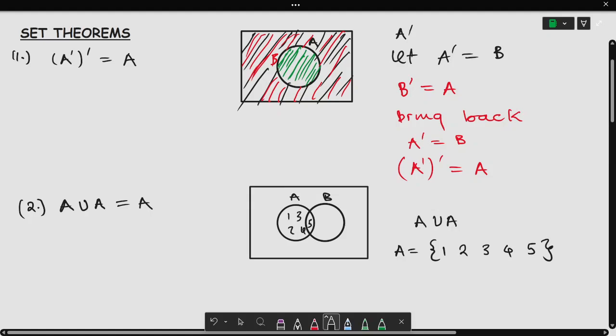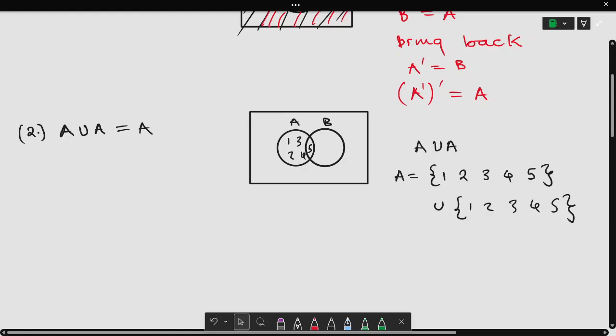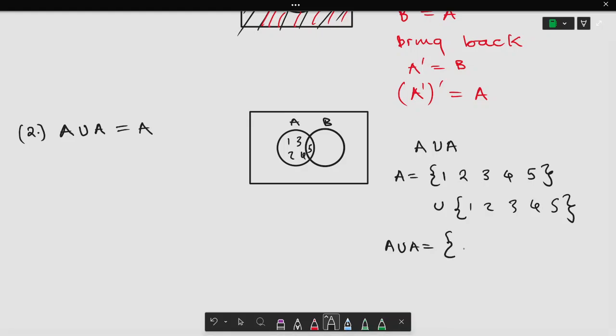And we are taking the union with A again, where A is 1, 2, 3, 4, and 5. So we can say that A union A is equal to 1, 2, 3, 4, 5, and again 1, 2, 3, 4, 5.